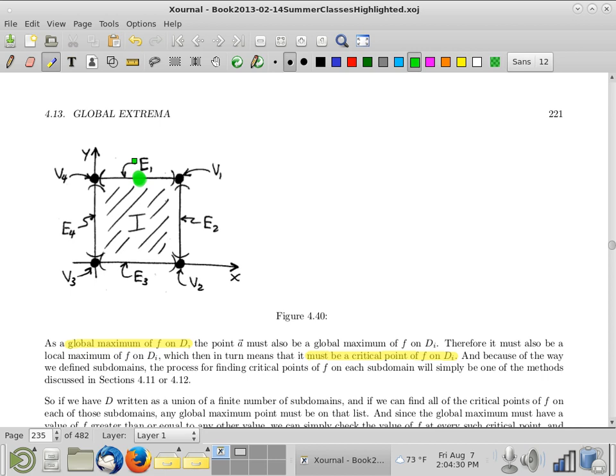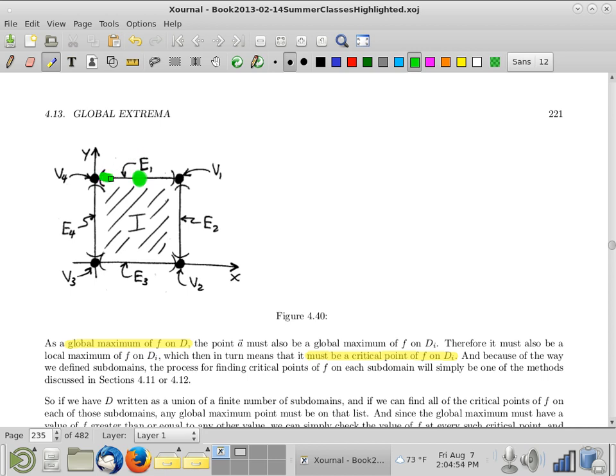Maybe that's where f is maximum. Critically, though, it has to be on one of the subdomains. The set itself, our domain itself, is required, by assumption of your argument here, to be the union of these subdomains.